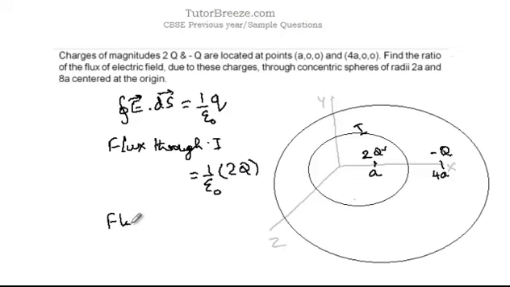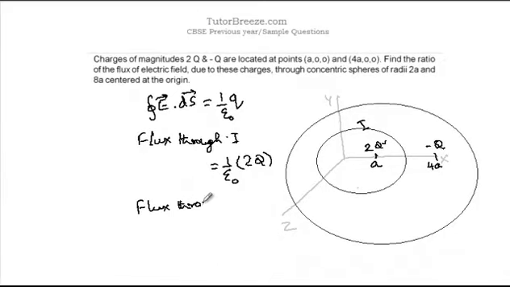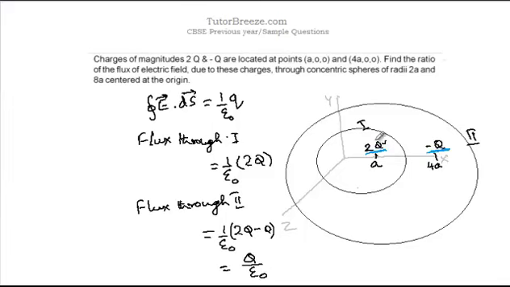And when we consider the flux through the second surface, which has a radius of 8a, the total charge enclosed is the sum of both, so it is 1 by epsilon naught times (2q minus q), which becomes q over epsilon naught. This means the ratio of the flux through the first surface to the second surface is 2:1.